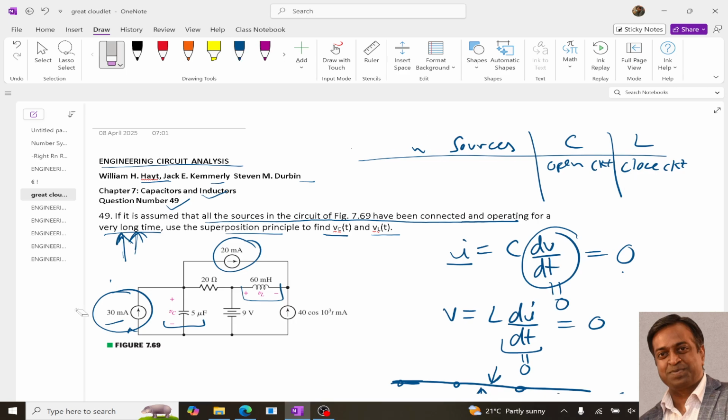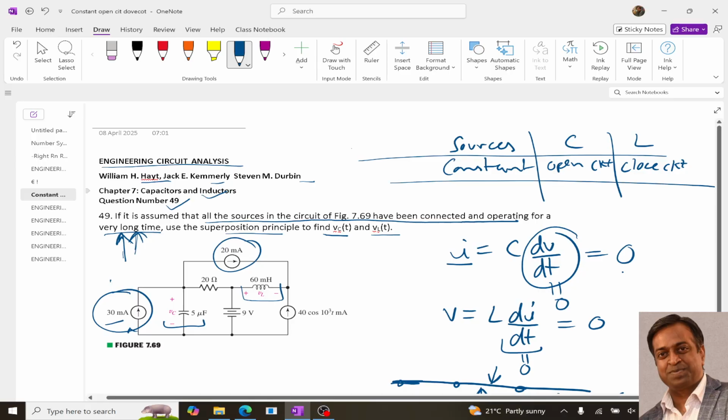So if the sources are constant, we can replace the capacitor with an open circuit and the inductor with a closed circuit. But we cannot do the same thing if the source is varying, like for this one.